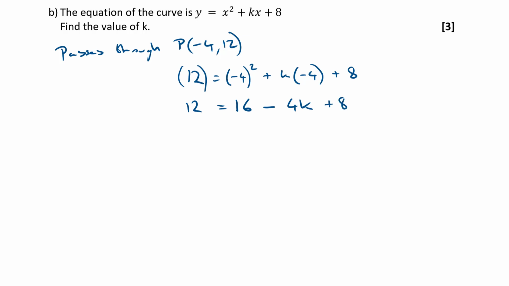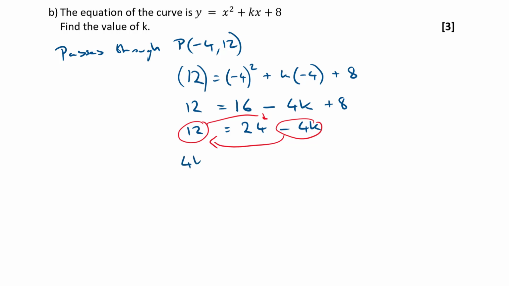Okay. So let's just collect the 16 and the 8 up together. So it's going to give me 24 minus 4k. And notice that my k is negative, so probably the easiest thing to do is to move it onto the other side of the equation, and at the same time move that 12 back over this side. You can think of it as adding 4k to both sides and subtracting 12 from both sides.